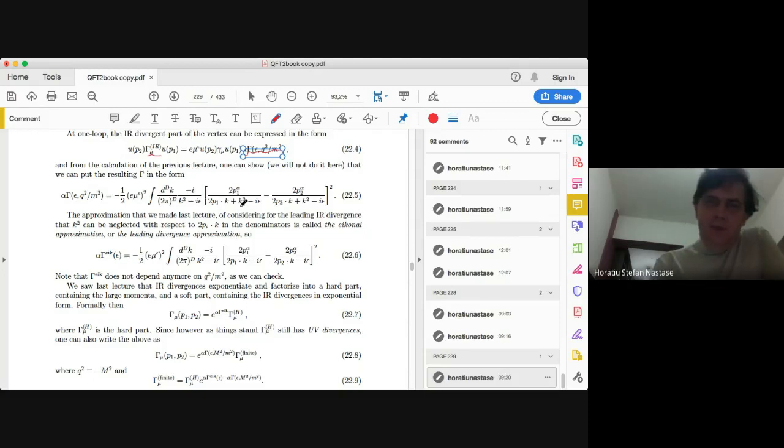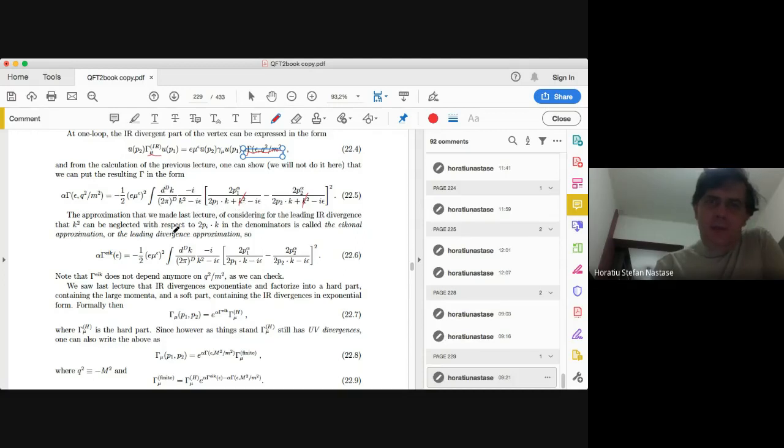But of course, this amounts to neglecting this contribution, k squared in the denominator, which is reasonable for infrared divergence.